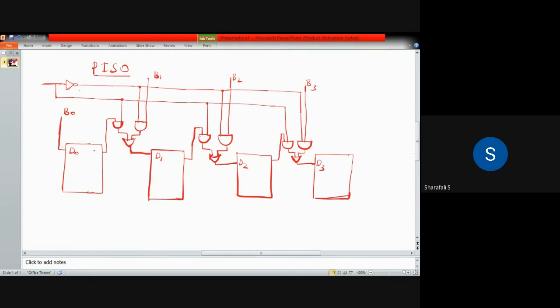Similarly, you have Q0, Q1, Q2, and Q3. You are taking output from this Q3. So here we are having parallel input and serial output.